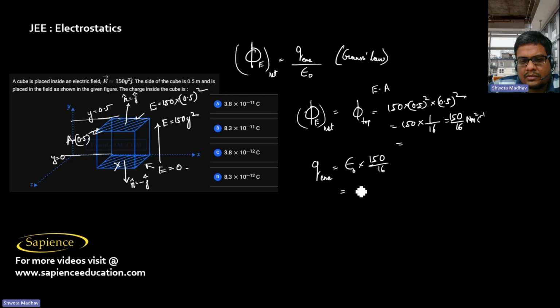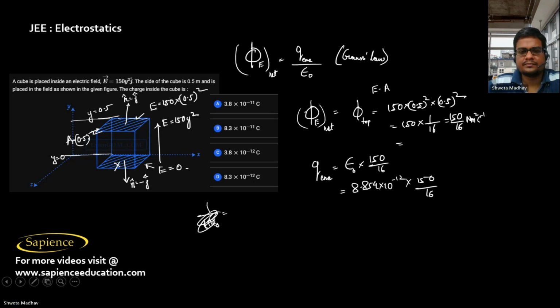So charge enclosed is epsilon naught into 150 by 16. Epsilon naught, as you know, 1 by 4 pi epsilon naught value, epsilon naught is 8.854 into 10 power minus 12, into 150 by 16.